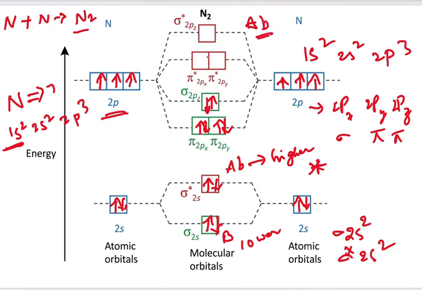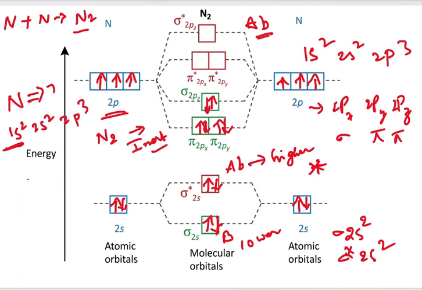The anti-bonding orbitals sigma star 2pz, pi star 2px and pi star 2py are completely vacant. So in the nitrogen molecule, anti-bonding orbitals have fewer electrons, whereas bonding orbitals have more. Since the anti-bonding orbitals are empty, the N2 molecule is stable in the atmosphere, and it also has inert properties.